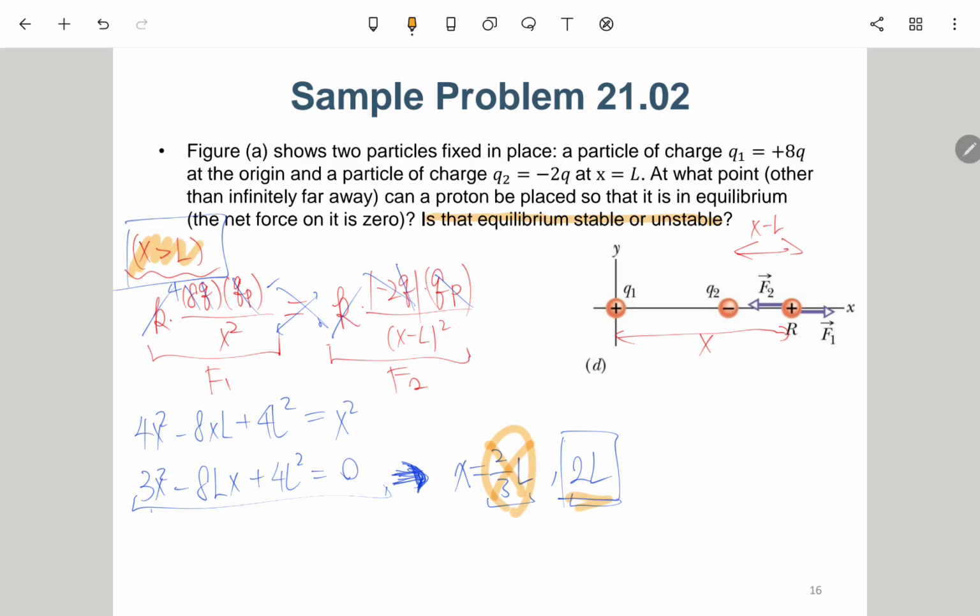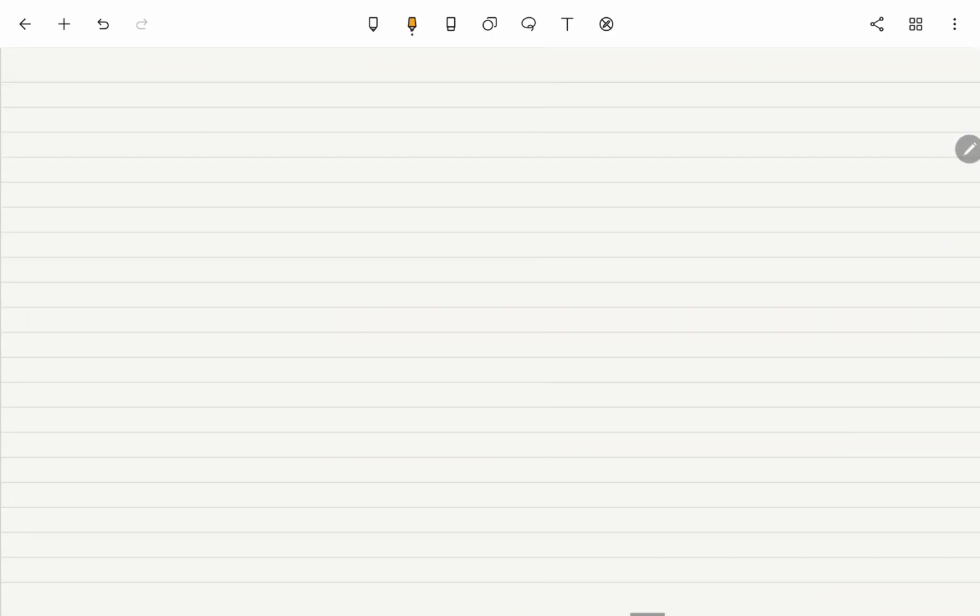it still asks whether that equilibrium is stable or unstable. So we need to make some argument. Maybe I add a page here and draw the figure again.